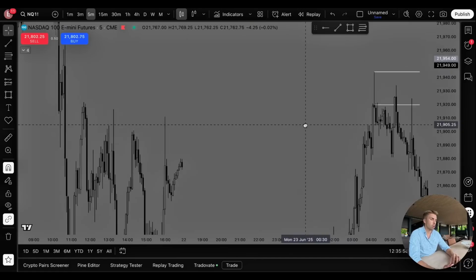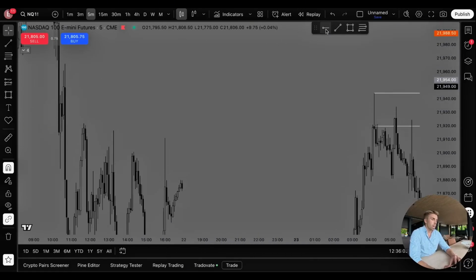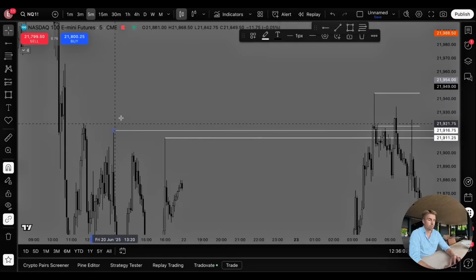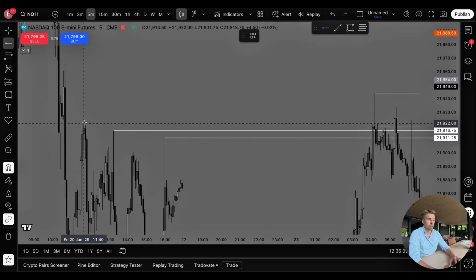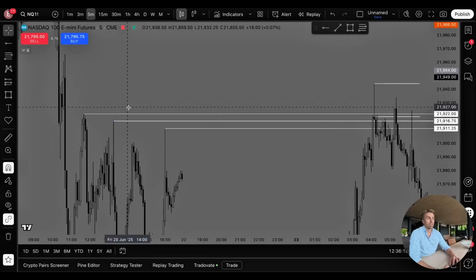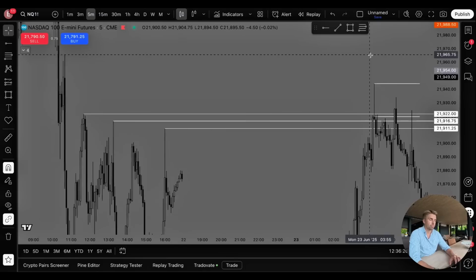If we pan over to the left of the chart, we can see we have a bunch of resting liquidity. I'm not going to go over too much how I use liquidity. I'm going to do a separate video on that, but short and sweet, this is liquidity. We're sweeping out a bunch of liquidity.